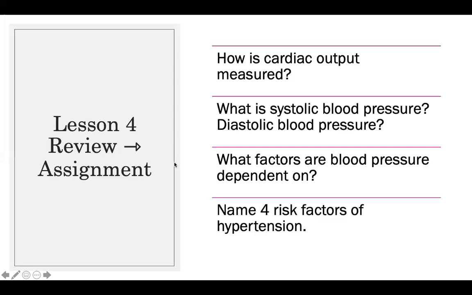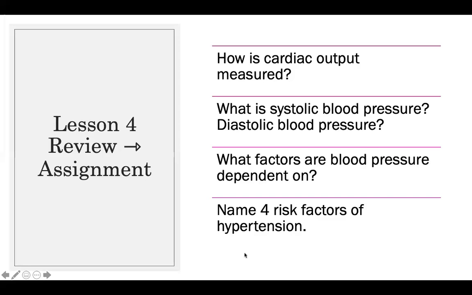We looked at cardiac output, so the volume of blood in your body, as well as your heart rate. We also looked at what shape your arteries are in. Are they able to expand and contract easily? Are they free of plaque? If you have nice elastic arteries, then you're going to be able to maintain safer blood pressure.